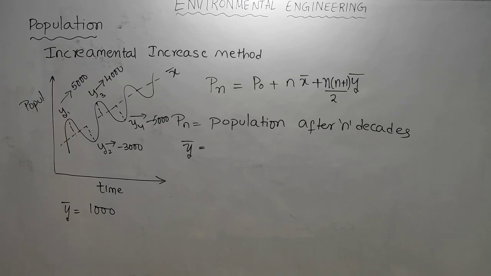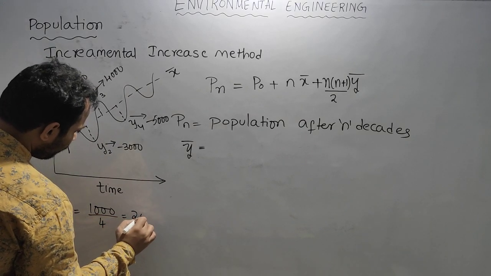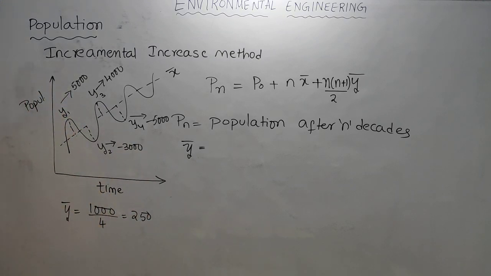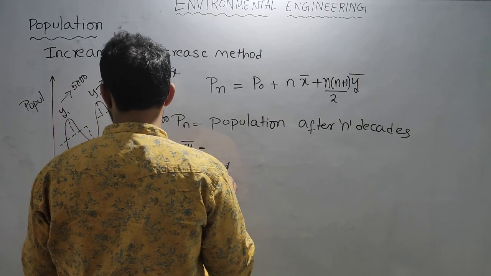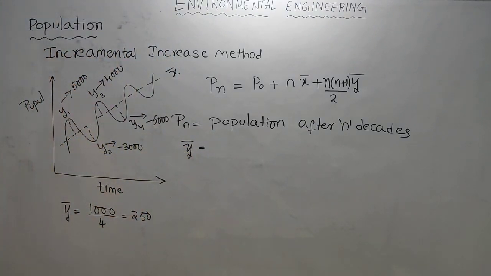And the average, anyway we will take the average. How many readings we are having, divide it with the number of readings, then you will get the average value. Y bar is equal to 1000 by 4. Likewise we need to solve this incremental increase method to forecast the future population. Y bar is how I have explained it. In the same manner we need to find the y bar value, and n is the number of decades.